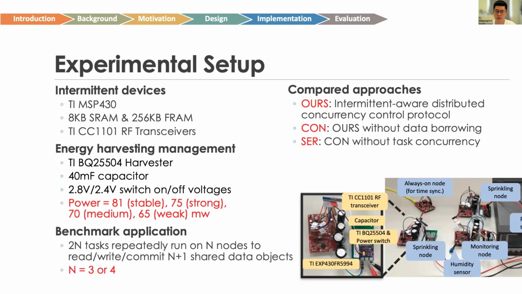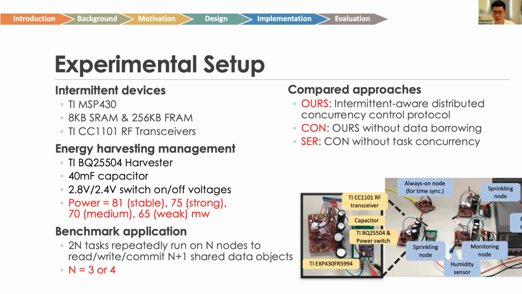In our evaluation, we use several MSP430 platforms with RF transceivers. A power supply is used to generate a range of power sources from stable, strong, to weak. The benchmark application runs on n nodes with 2n tasks, repeatedly reading, writing, or committing n+1 shared data objects, where n can be 3 or 4.